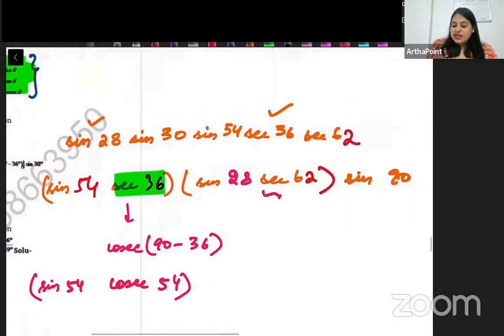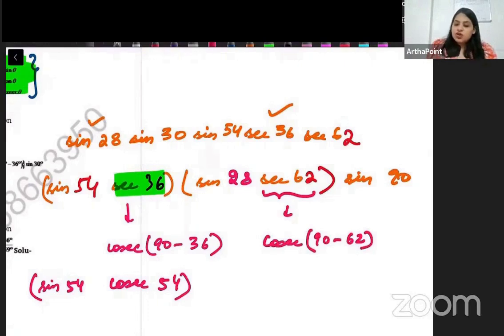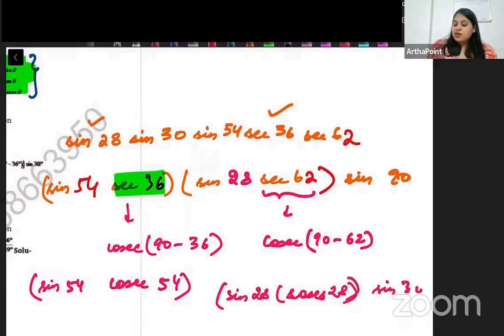Similarly, sec 62 will be cosec 90 minus 62. So it will be cosec 28 into sine 28. Finally, into sine 30.